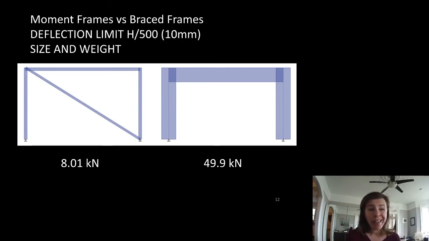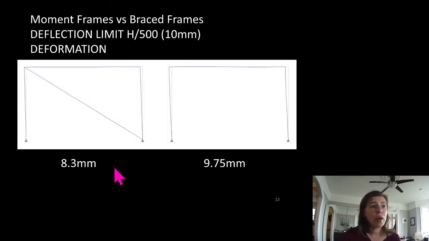That they're big, and they're very, very expensive, and they still move more. So even with that, this one's still moving just a little bit more. So you can see how much more steel we have in it, how much bigger the members are, and it still moves more than our brace frame. But we're less than that 10 millimeters of allowable deflection now.